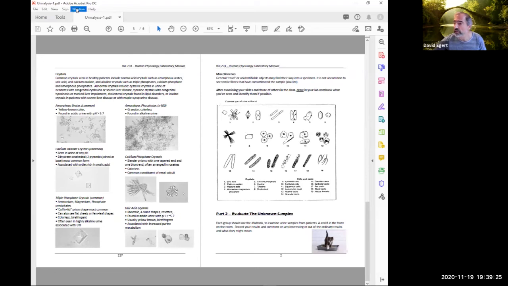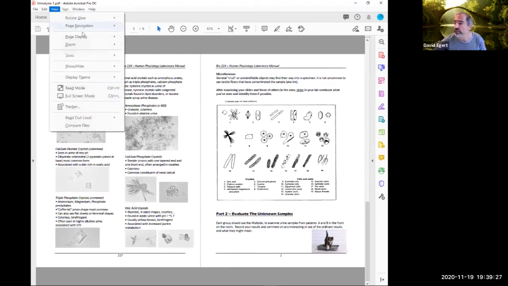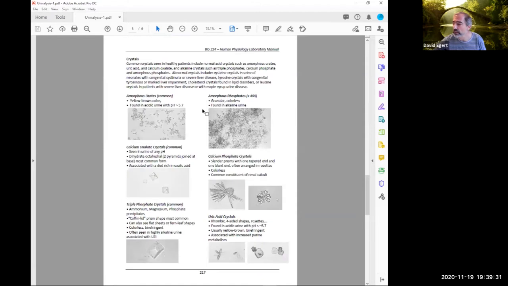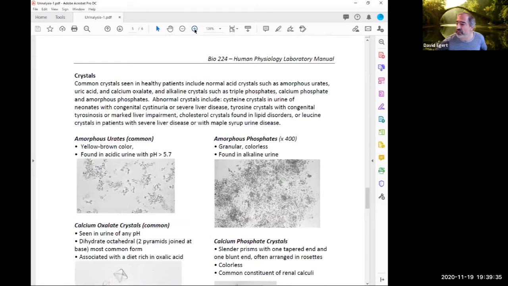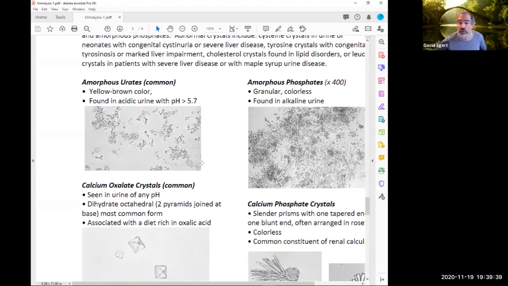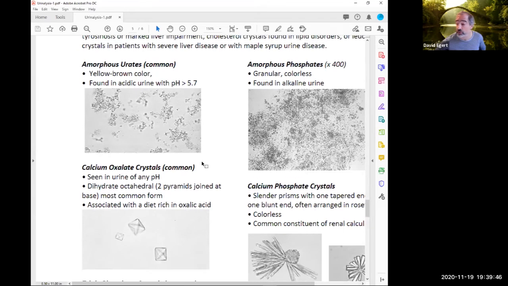Over here, view single page. These are basically little crystals and stuff. This is what you might see under the microscope when you look at this stuff that you've concentrated by putting your urine through the centrifuge.